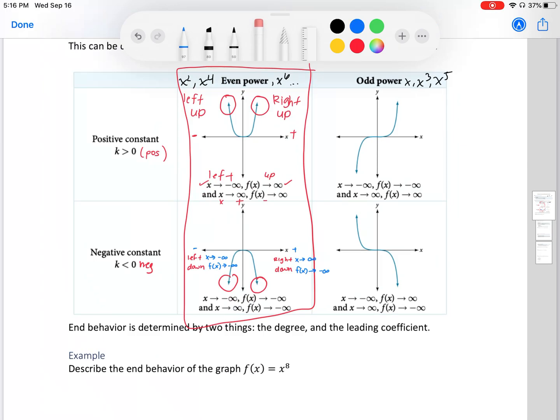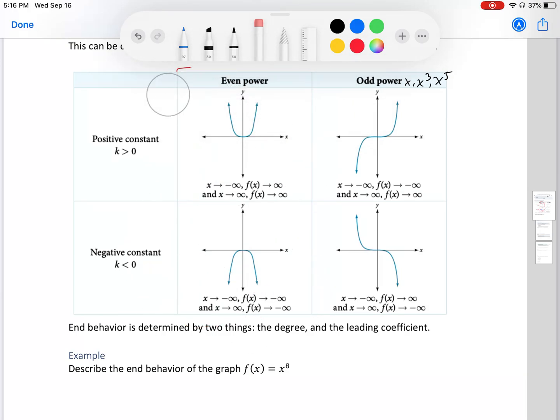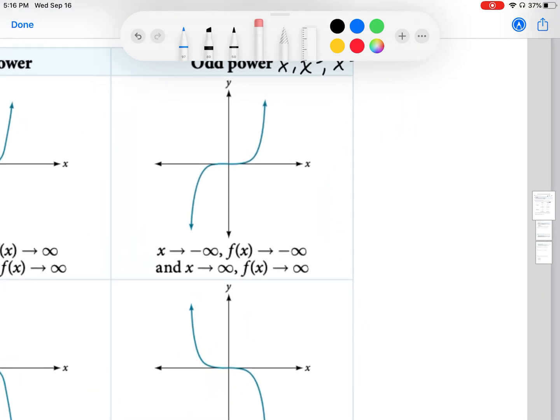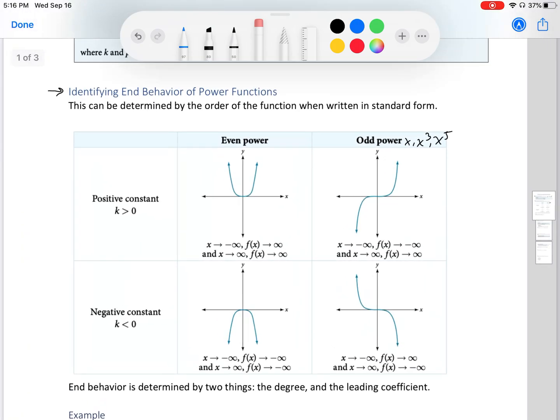All right, I'm going to erase all of that so that we don't confuse it with our odd powers. So now looking at our odd powers. Same idea. If we have a positive leading coefficient or a negative leading coefficient, that affects our end behavior.